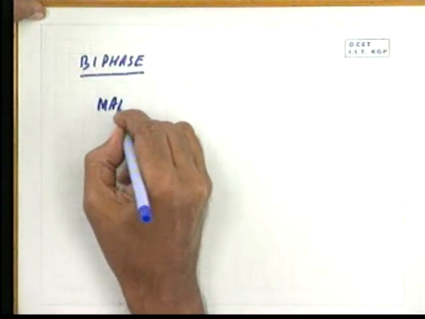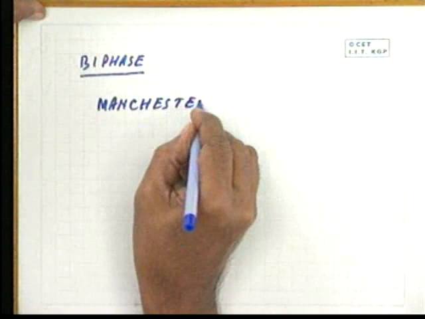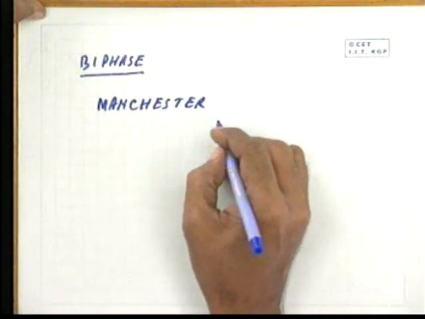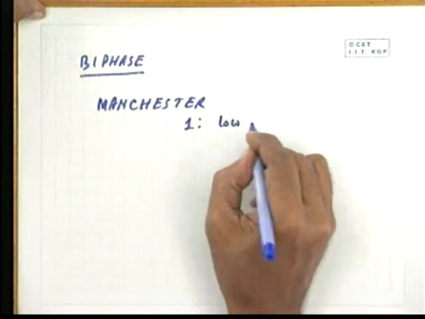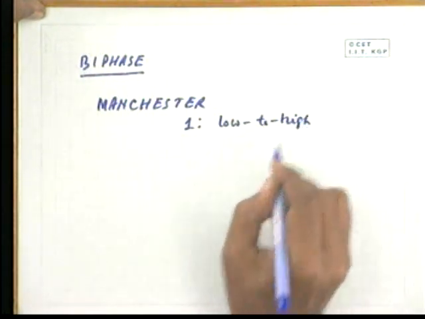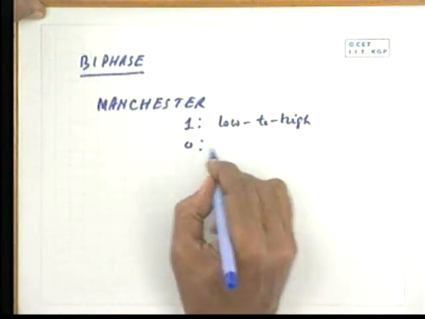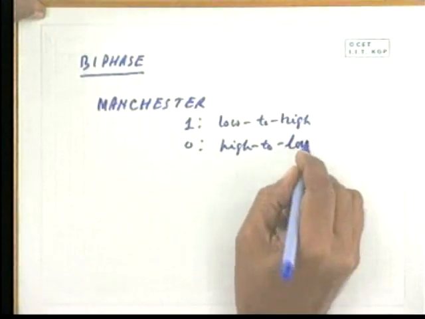And in Manchester encoding, for one, there is a transition from low to high in the middle, and for 0 there is a transition from high to low.